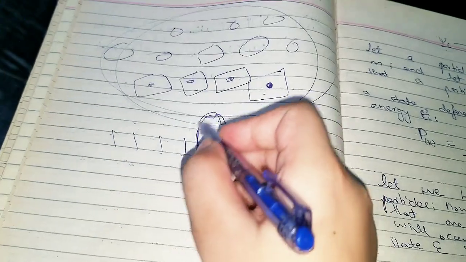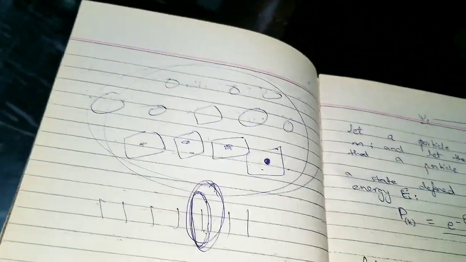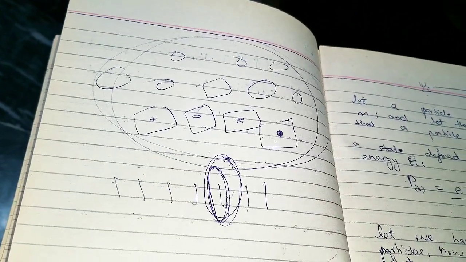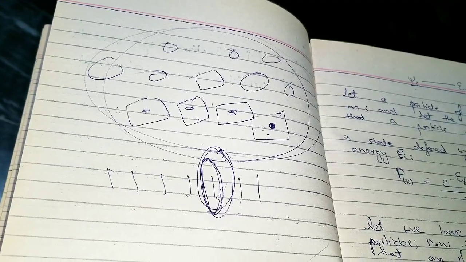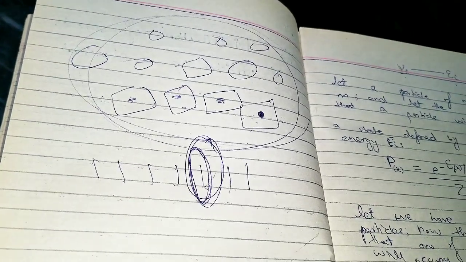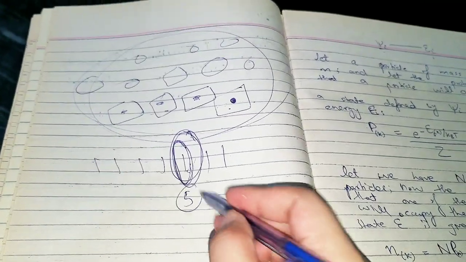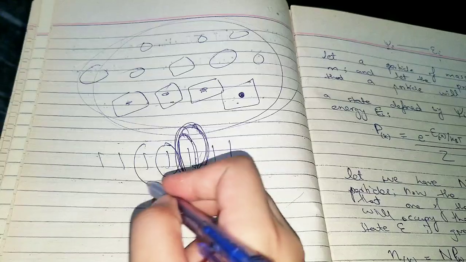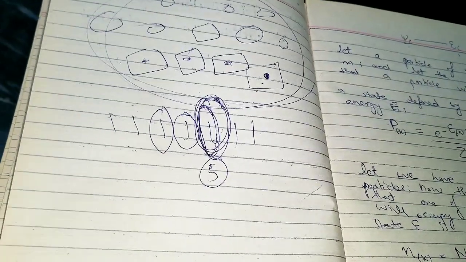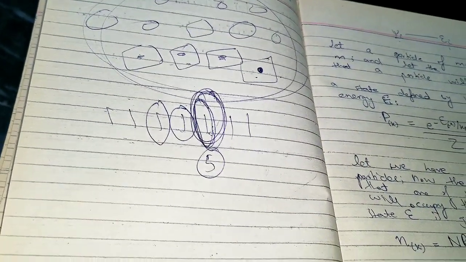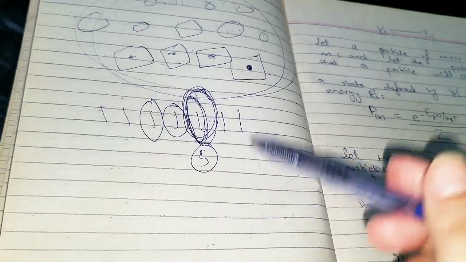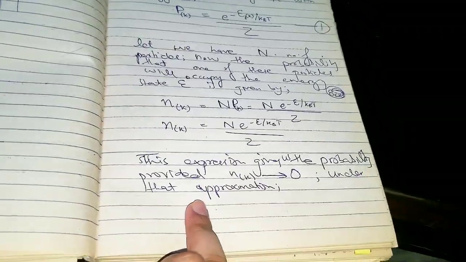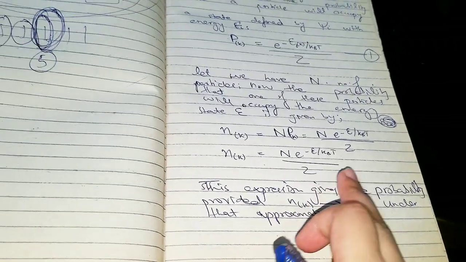For example, we have an energy state E and we have a bunch of particles, and since they are classical particles, there is no restriction on how many particles will occupy this state. For example, there may be 5 particles at this energy state, and maybe 3 at this energy state and 4 at this energy state. So we are talking about the average number of particles in the E state.